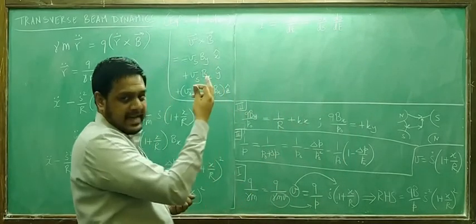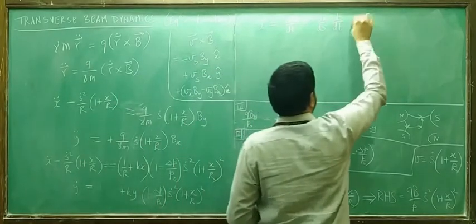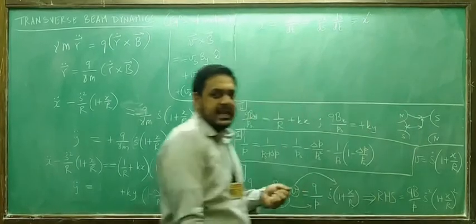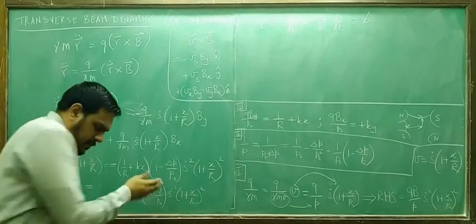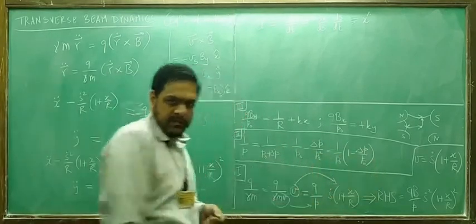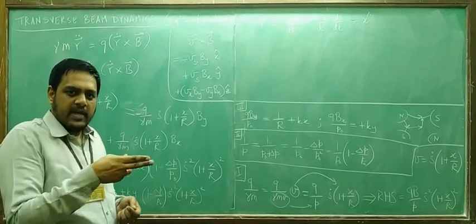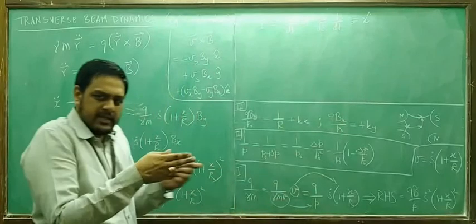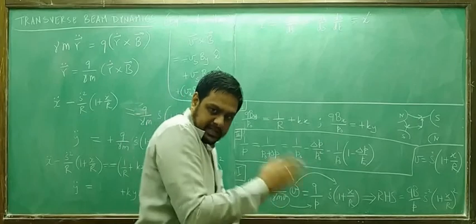Dx by dt is s dot, you know. Dx by ds we are going to call x prime. X prime is dx by ds, that is how much deviation do I have from the nominal trajectory per unit displacement along the nominal trajectory. So x prime is kind of divergence of the beam. If x prime is higher, it means in a short distance it diverges a lot. X prime is less means traveling a long time along the beam direction, it diverges only slightly.